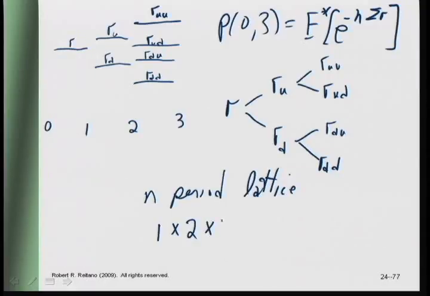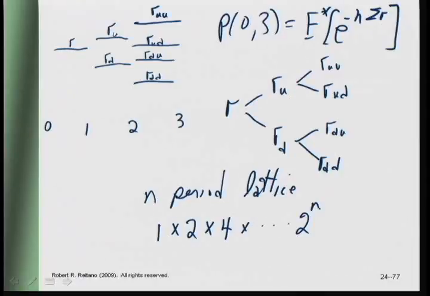I have a choice of 4 rates for the third period, and so forth. All the way to the final period, this is a 2-period lattice, so it would be 2 to the n. It's quite a few combinations.